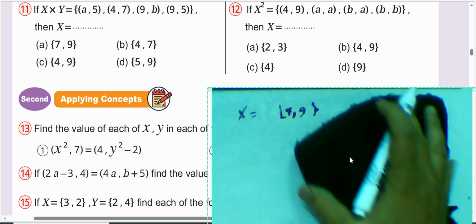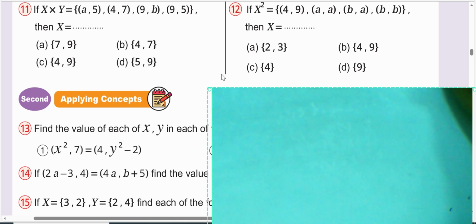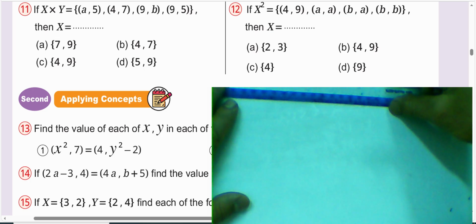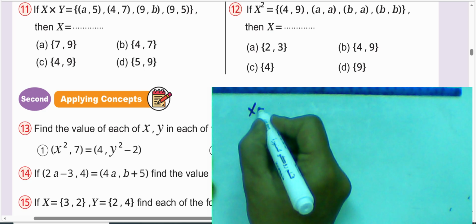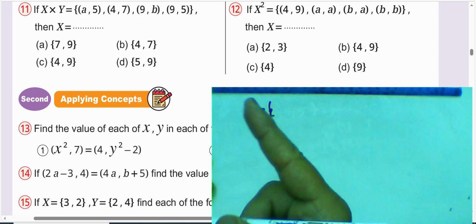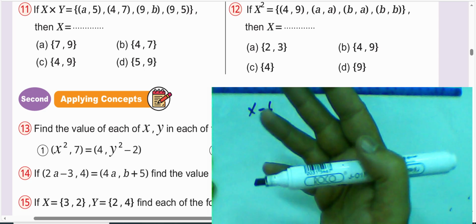Understood? We repeat the first projection here: (4, 5), (4, 7), (9, b), (9, 5). Then the first projection will be a, 4, and 9. Then a will be 4. It also gives us x² here. You want to find x. X is the first and second projection also, the first projection and second projection belonging to a.